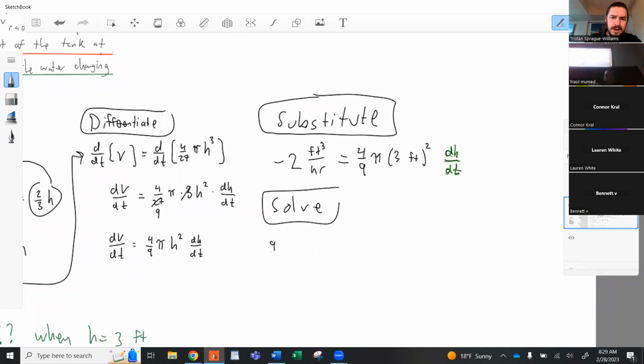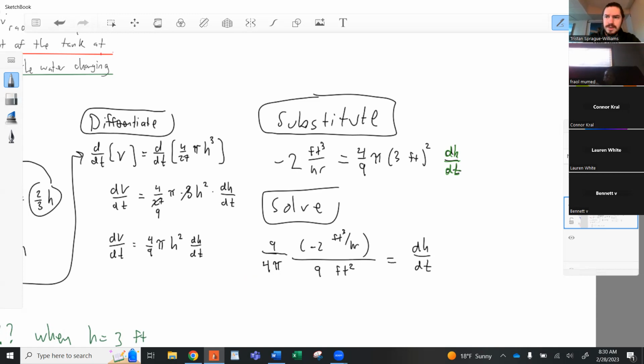We get 9 over 4 pi, we have -2 cubic feet per hour in the numerator. And then we have 3 feet. Actually, if I square the 3 feet, I get 9 square feet. And that's equal to my dh over dt.